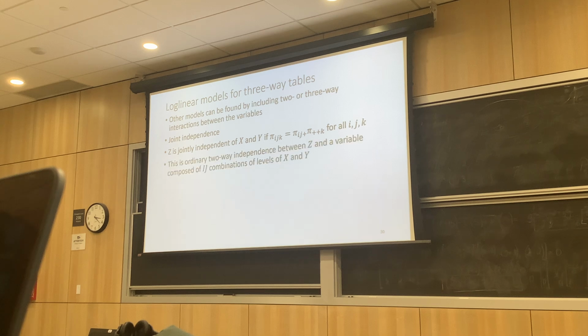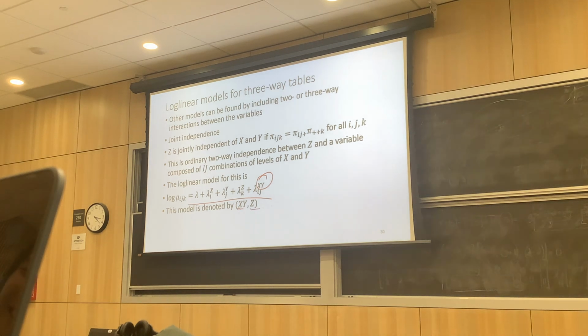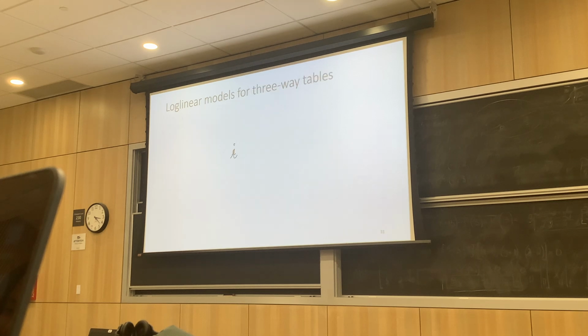We should be able to do that for all ijk. In that case, the model turns out to be this: XY independent of Z, so you see one XY term, and that's the model. We write it like this: XY and Z. Z is jointly independent of X and Y.